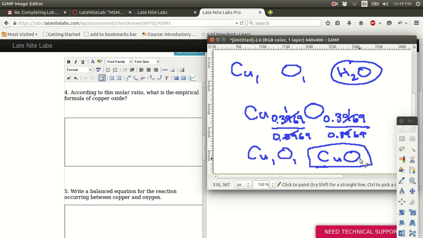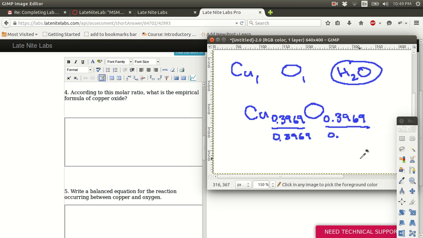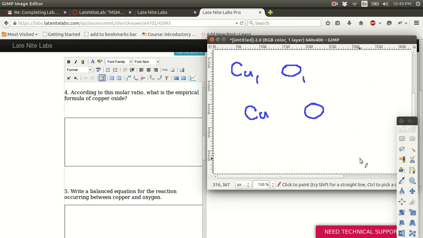Now, what if in my lab, instead of finding 0.3969, I had found 0.4444 moles of copper and 0.8888 moles of oxygen?